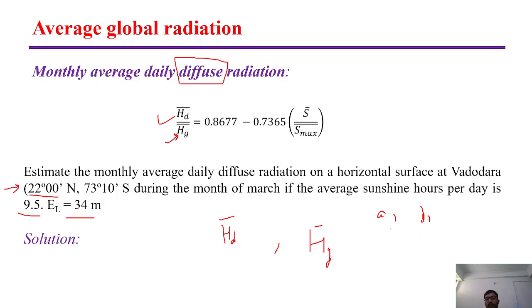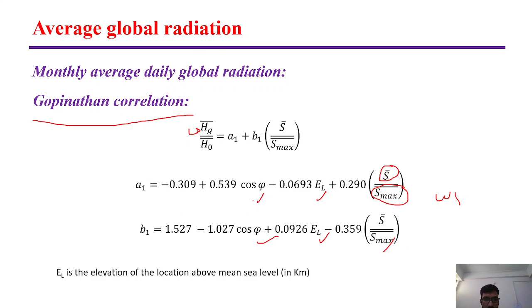For values of A1 and B1, what do we need? We need only latitude phi, and we need the value for S max. For S max we need the value of WS.